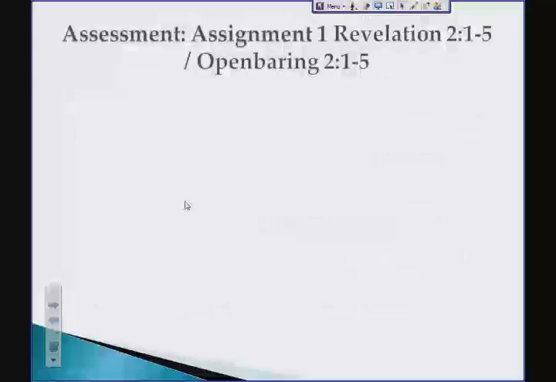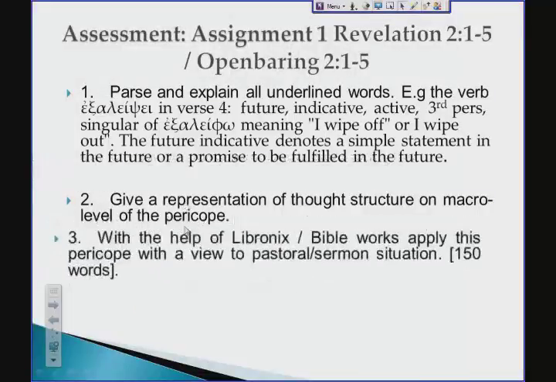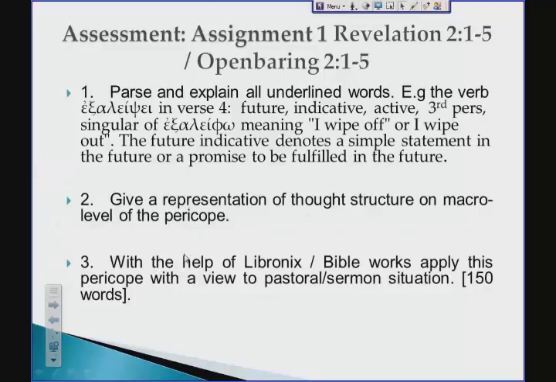And then the third thing: with the help of Libronix or Logos or BibleWorks, apply this pericope with a view to a pastoral or sermon situation. Say you want to motivate or encourage people who are going through persecution or people who are going through suffering.